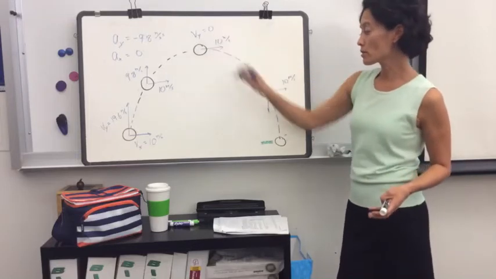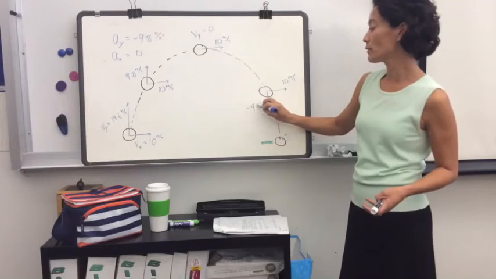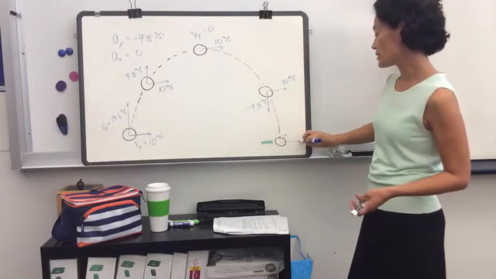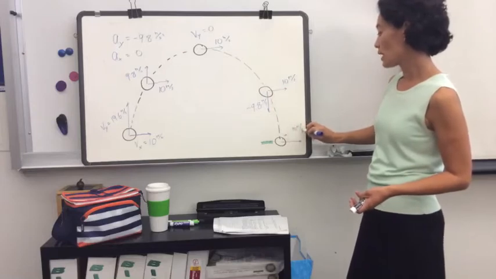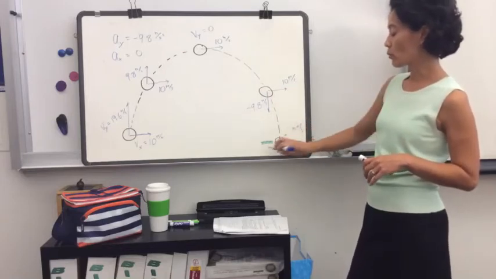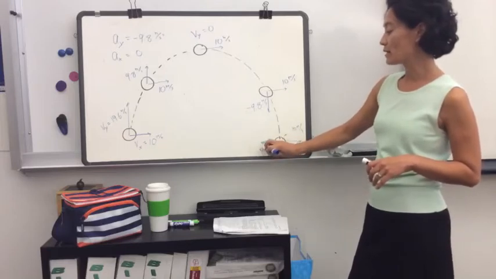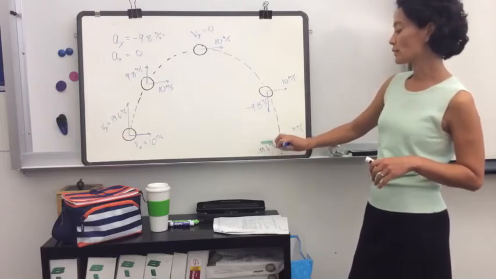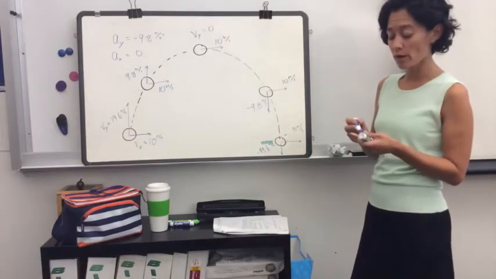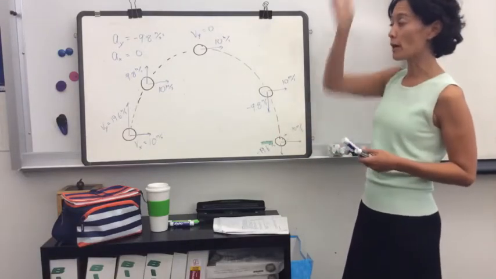So here I'm at 0, so here I'm going to be at negative 9.8. And then at this second, I'm still going to have an x of 10 meters per second. I've kind of run out of room for my y, but my y would be negative 19.6 meters per second. And again, this should look familiar. The symmetry is similar to when we talked about just a vertical motion going up and down.